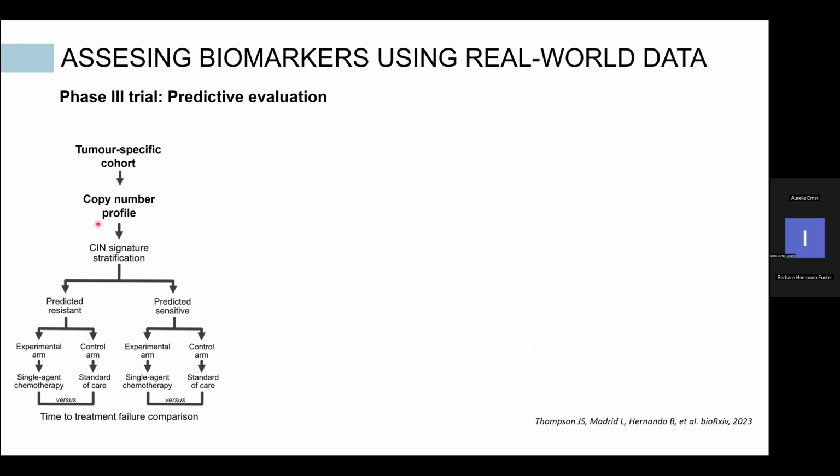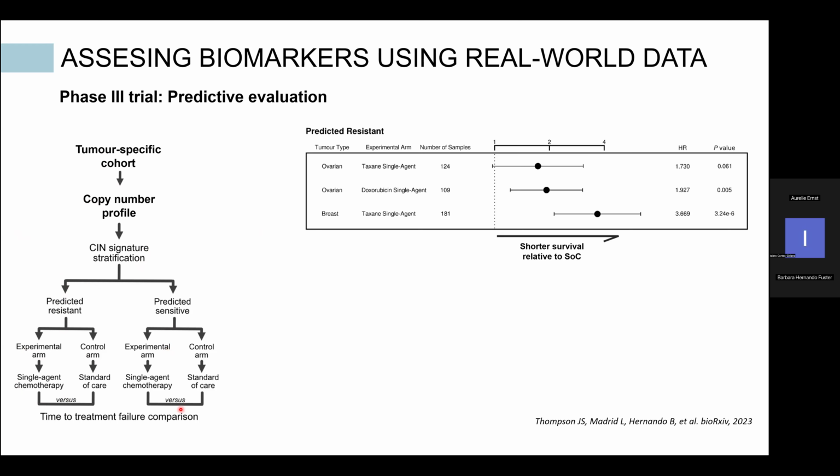Once we have the copy number profiles of the different tumors, we stratify them as resistant and sensitive, and then we compare the time to treatment failure. In this case, for those patients that are treated with the chemotherapy that we are interested in, with the standard of care for both resistant and sensitive patients.